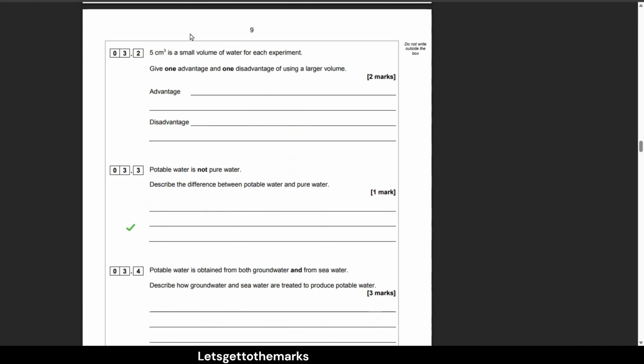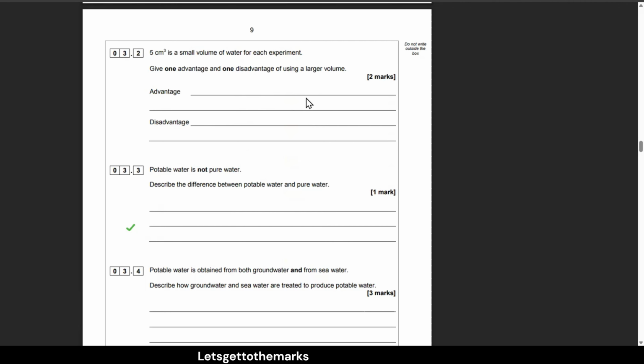Okay, 5 centimeters cubed is a small volume of water for each experiment. Give one advantage and one disadvantage of using a larger volume of water. So obviously, using a larger volume of water, it's going to take longer to find out how much salt is in there. You're going to have to evaporate that water to just leave behind the solid. So that's going to take longer.